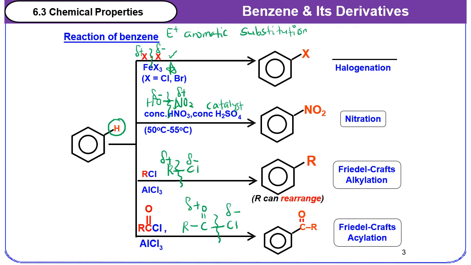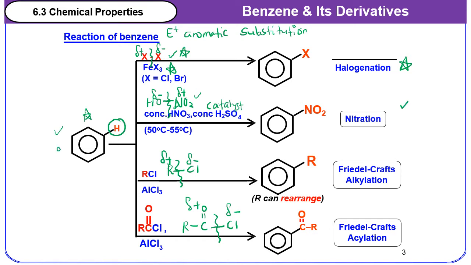If the benzene ring reacts with halogen, the process is known as halogenation. If benzene reacts with nitric acid, the process is known as nitration.